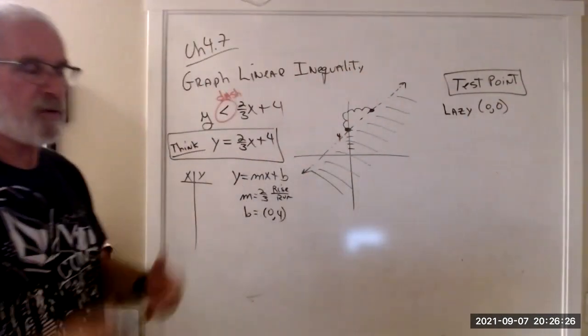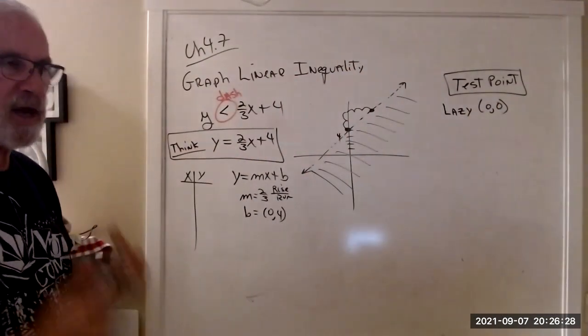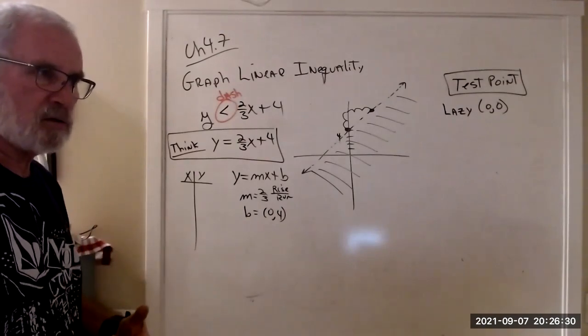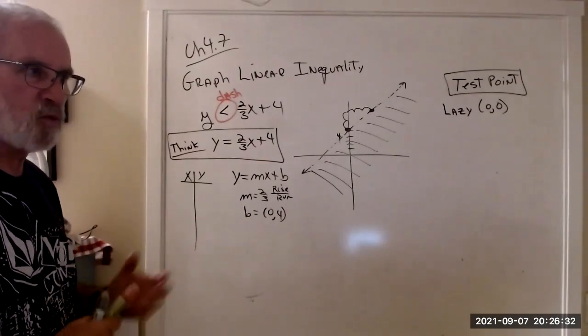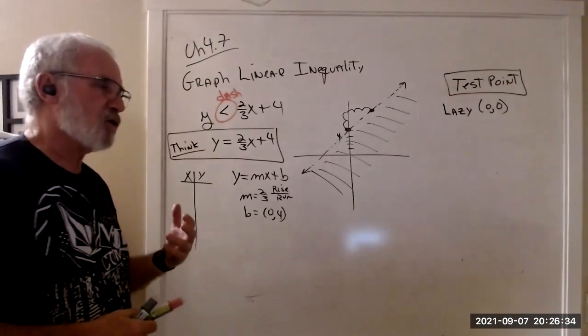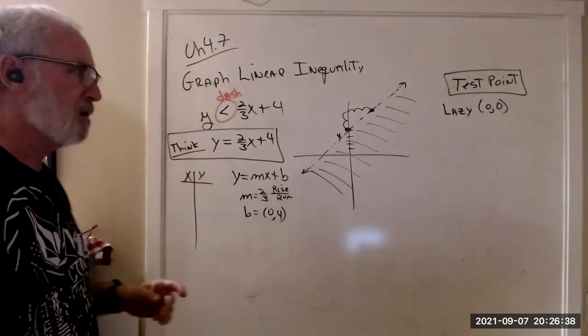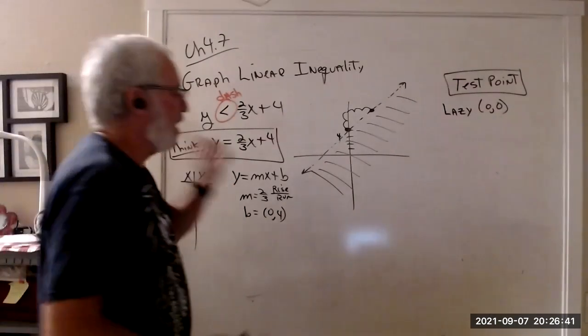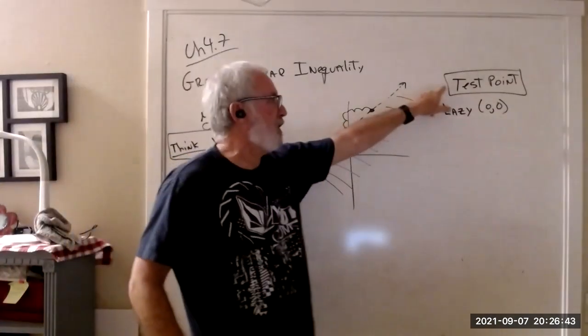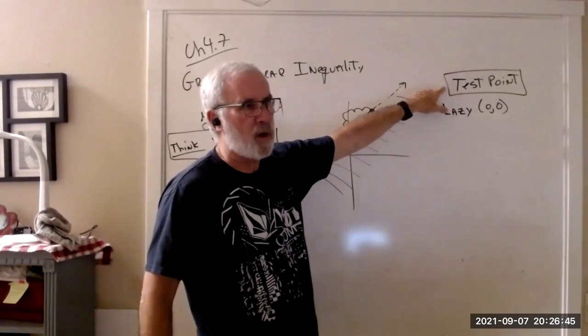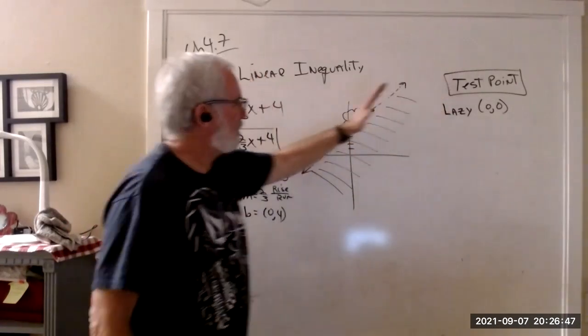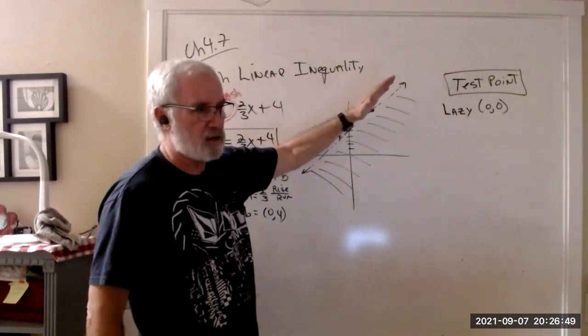Remember, you're a mathematician. You're inherently lazy. That's why we have all these rules. Okay, so you don't have to do as much work. Oh, if it's this, I do this, I'm done. Okay. All I said was your test point has to be a point that is not on the line.